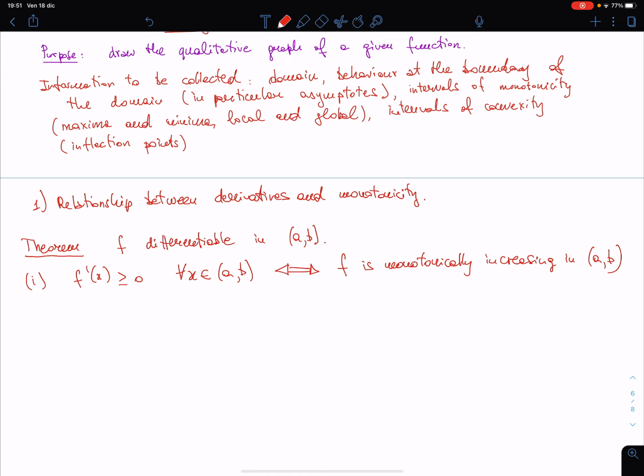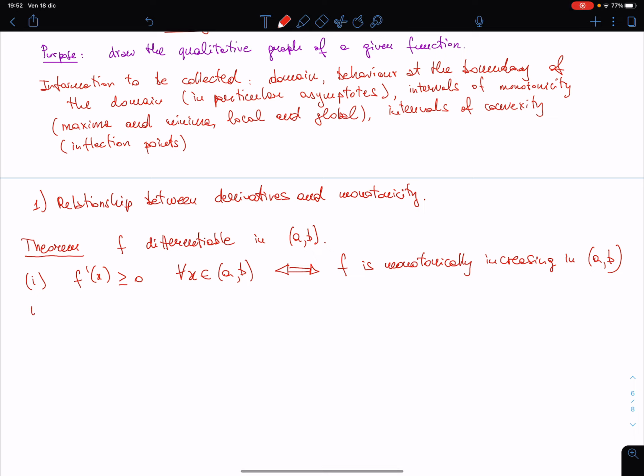And on the other hand, this can be inversed. If f is monotonically increasing in AB and f is differentiable in AB, then the derivative is non-negative.